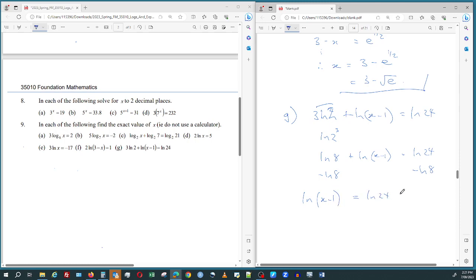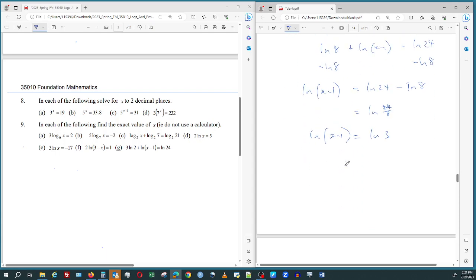Ln of 24 minus the ln of 8 is the ln of 24 over 8, 3 times 8 is 24. Again, you're close enough now, you can say x minus 1 is equal to 3, or you can take the e's, doesn't matter. Undo, undo, x minus 1 equals 3, x equals 4. And that's it.